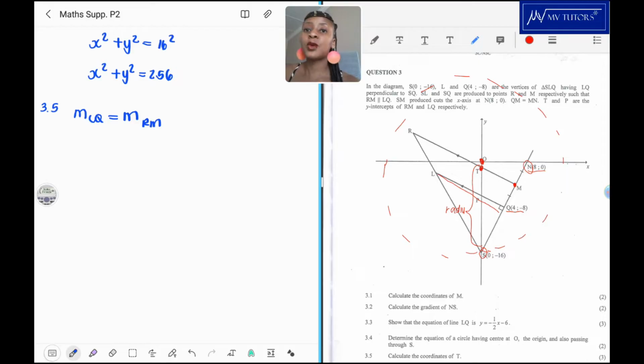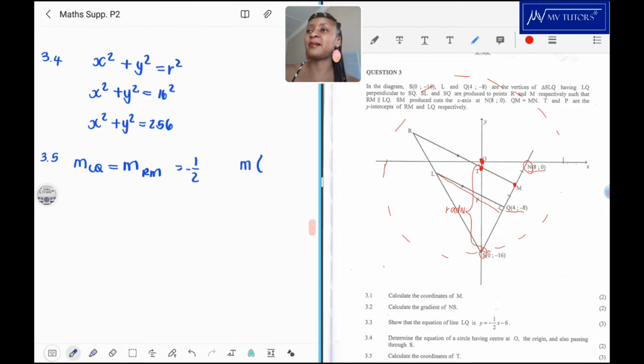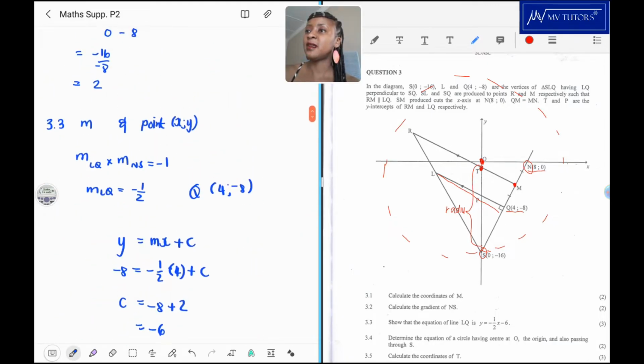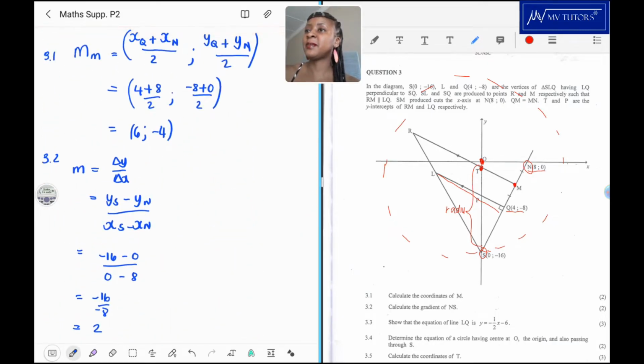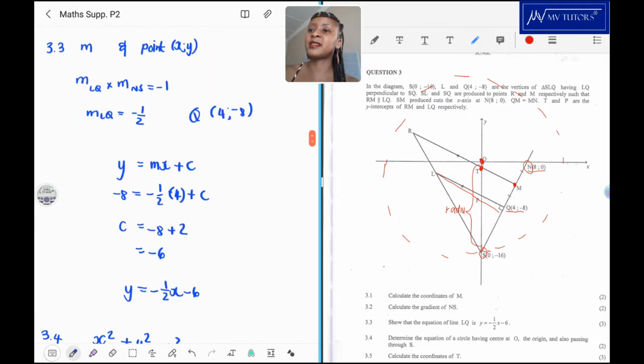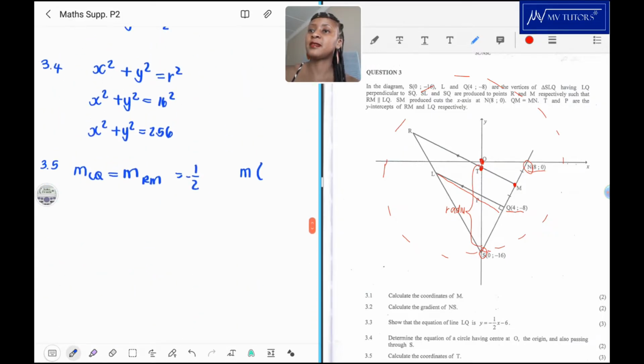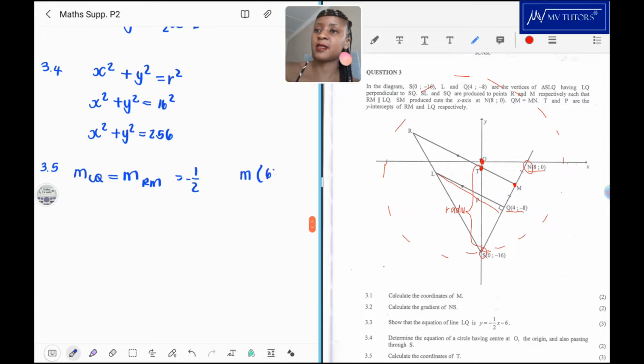The gradient of LQ was -1/2, so the gradient of RM will also be -1/2. So we have our gradient. Now we need a point, and we already have a point M. I forgot the values, we did it at the very beginning. It's 6 and -4.